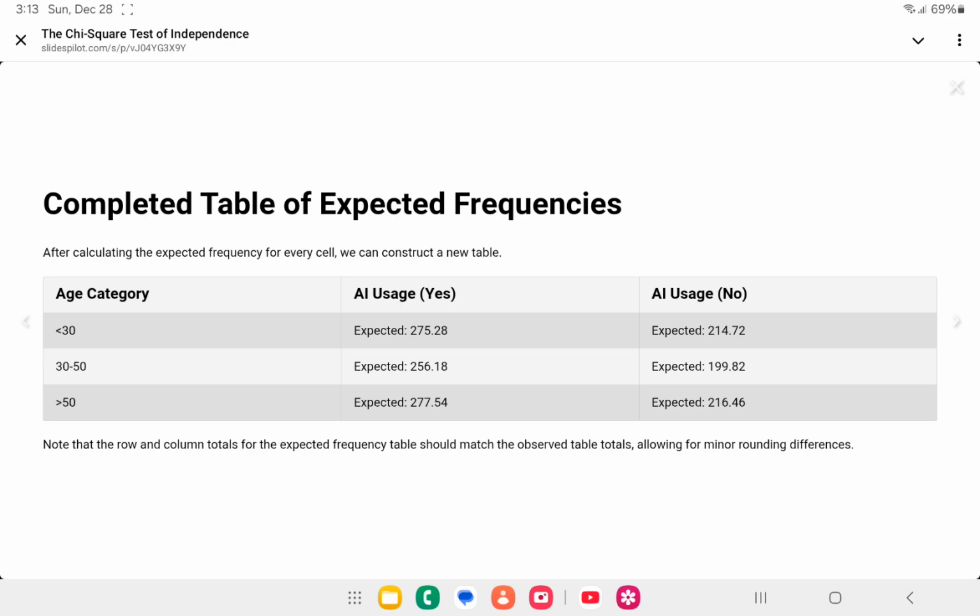We continue in that fashion for row 2, column 2, row 3, column 1, and row 3, column 2. Now, when we compute the expected totals, note that they must equal the observed totals except for rounding errors. Note that each expected cell must have a value of at least 5 for the test to be valid. However, some authors only require that no more than 20% of the expected cells should be less than 5.